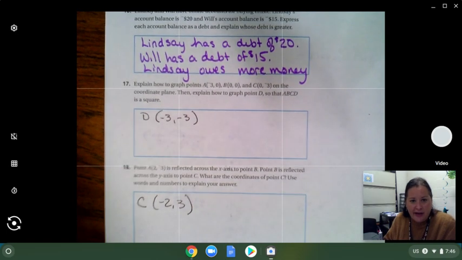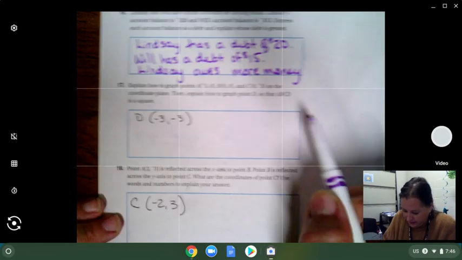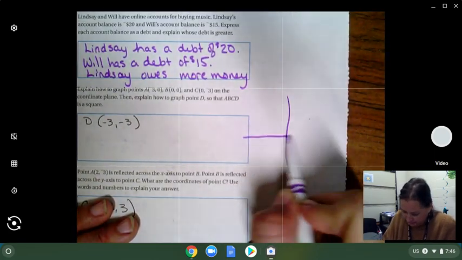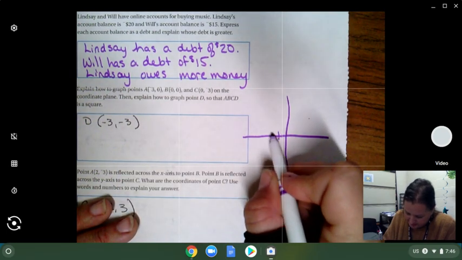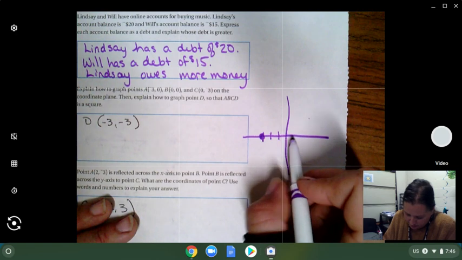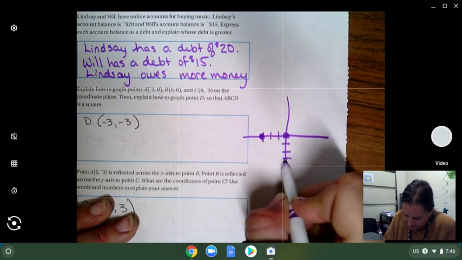Explain how to graph points A, B, and C on the coordinate plane, and then explain how to graph D so that A, B, C, and D is a square. So let's go ahead and draw a coordinate plane here for us to do that work. The first point is a -3, 0. The next point is a 0, 0. Then we have a 0, -3.